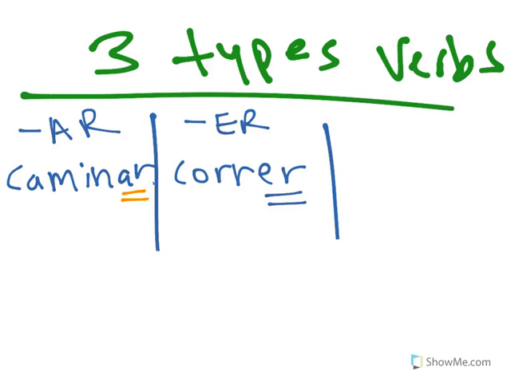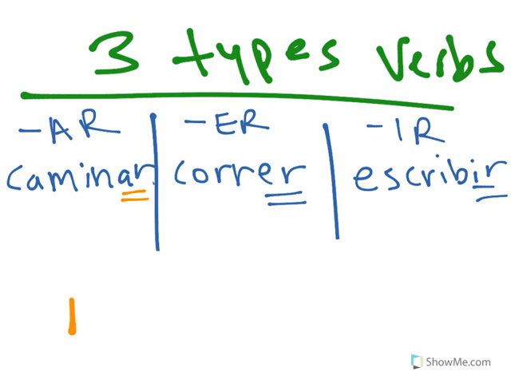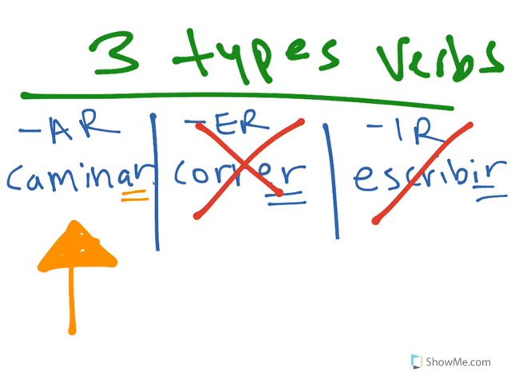And the final type of Spanish verb is an IR ending verb, because it ends with IR. So, here are the three types. Today, we are going to focus on AR only. So, whatever we do today does not work with these types of verbs.